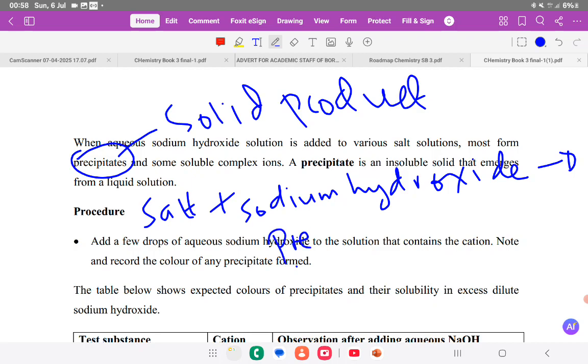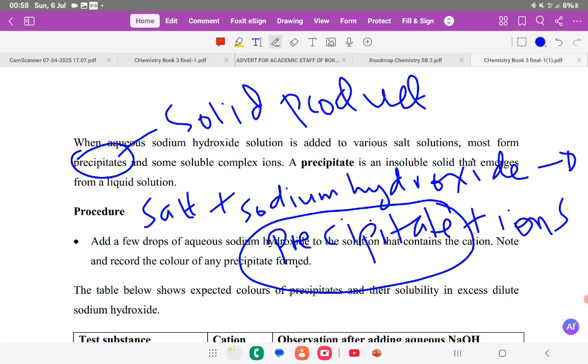The word precipitate should not overwhelm you or trouble you. And then you have another salt or a substance, a solution, which is a complex ion. So this precipitate in most cases is insoluble, meaning it does not dissolve in water.